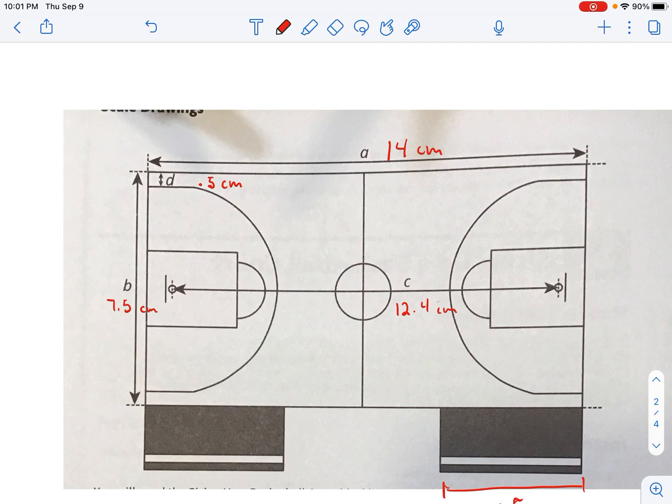I measured all these on the paper printout. You got 14 centimeters for the length, 7.5 for B, the width, 12.4 centimeters for hoop to hoop, and 0.5 centimeters for the distance between the 3-point line and the sideline. If you printed this out and your scale was a little different, you might have seen slightly different measurements, and that's fine.